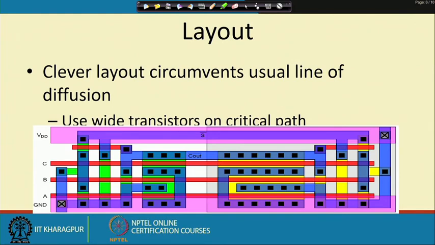So, layout is nothing but the geographical description of your circuit. Here you see a pink color line, then blue, green, red, something like this, and then black.